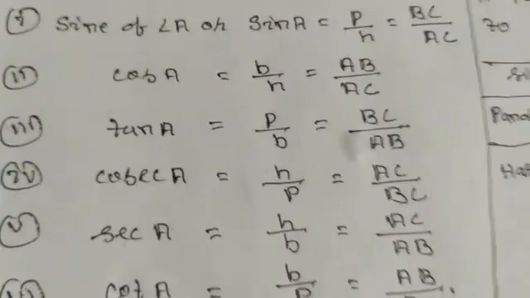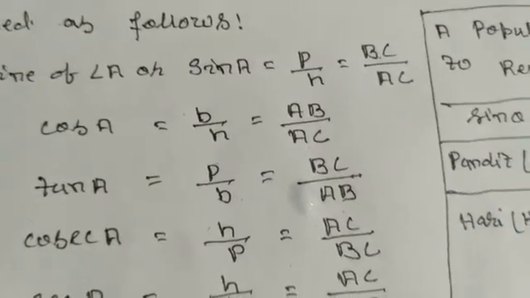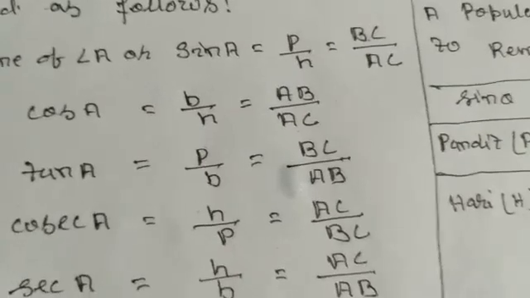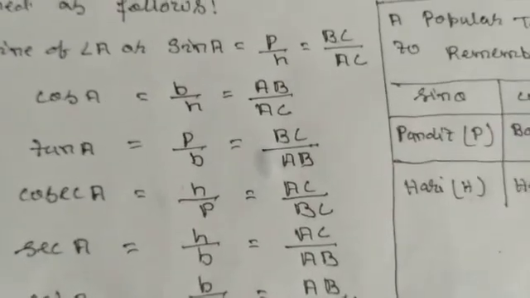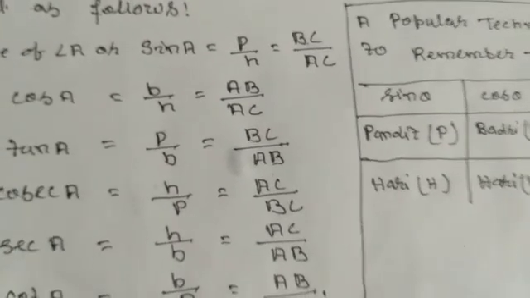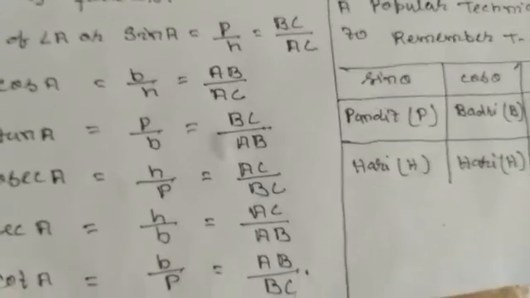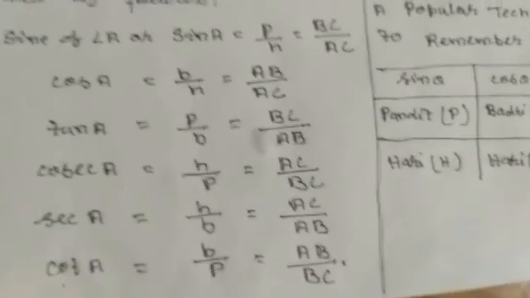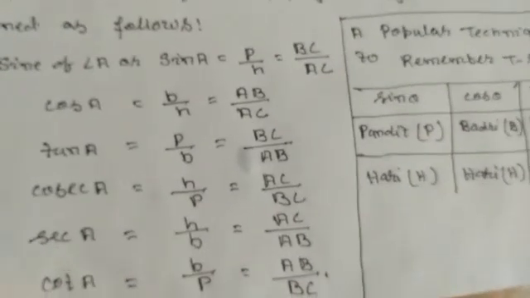Now I want to explain some important points about the trigonometric ratios. First, each trigonometric ratio is a real number and it has no unit, because it is a ratio and a ratio does not have any unit.